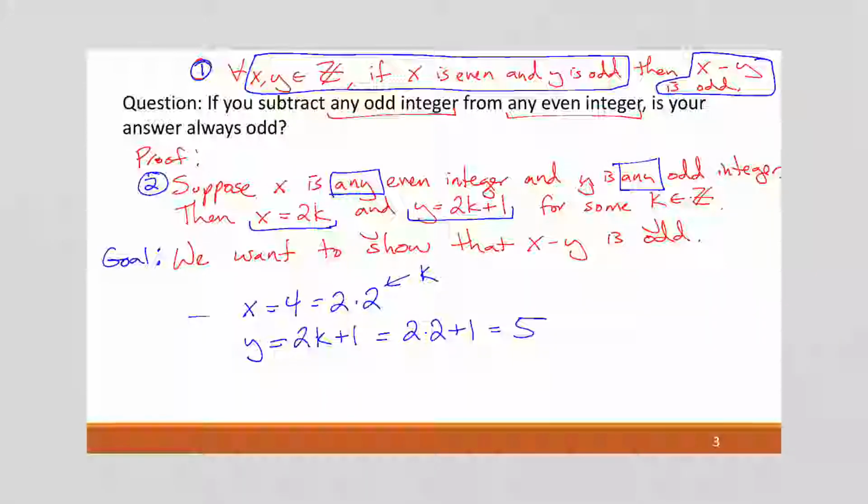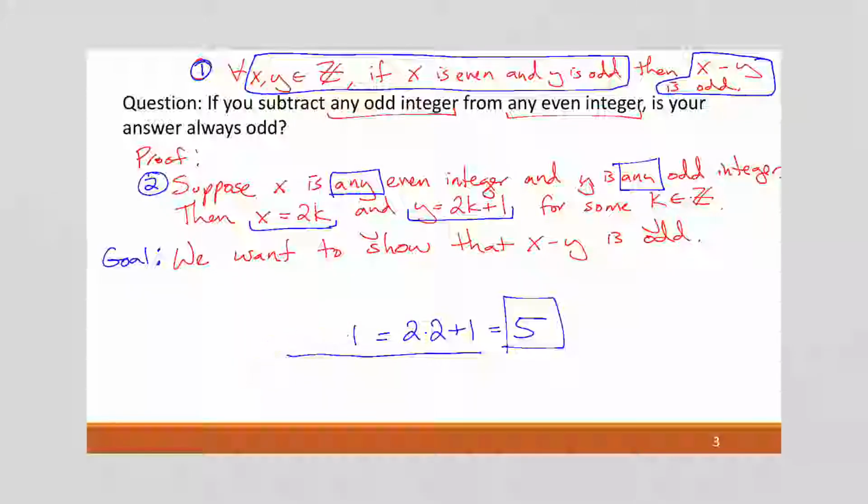So while x can be any even integer, all of a sudden, because of the way I wrote this, y is constrained to be exactly one more than x. That's a problem. Okay, so this is a very common mistake people make, and that is to use the same variable to mean two different things.